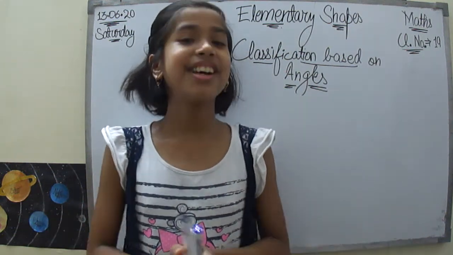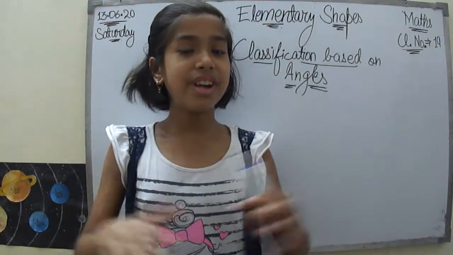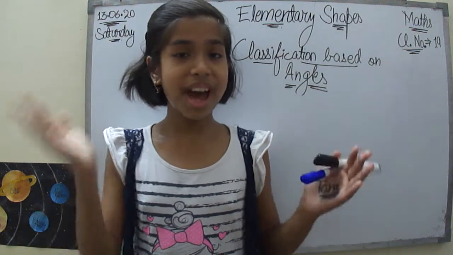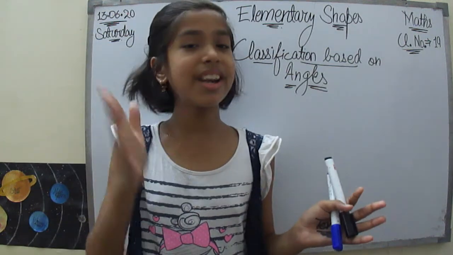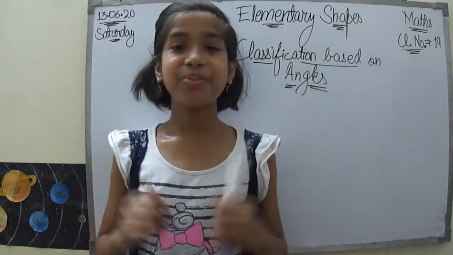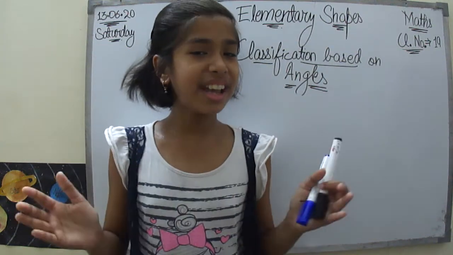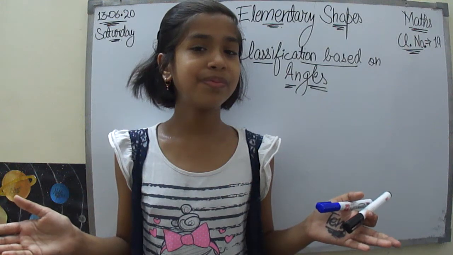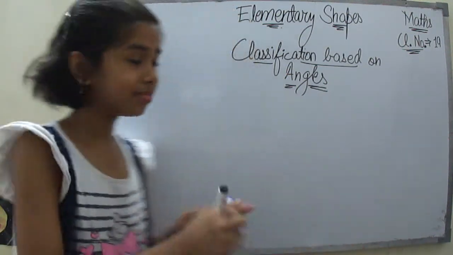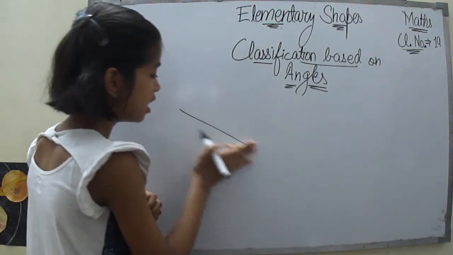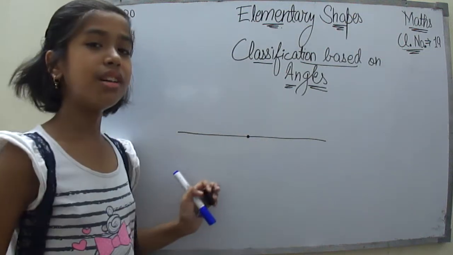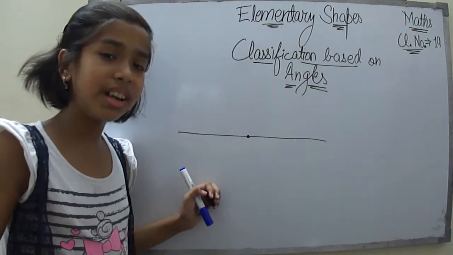Then a triangle could have a 90 degree or right angle, and then a triangle could have an obtuse angle. Can a triangle have a straight angle? Of course not. Why? Because if there is a 180 degree angle, something like this, where will the third line be?